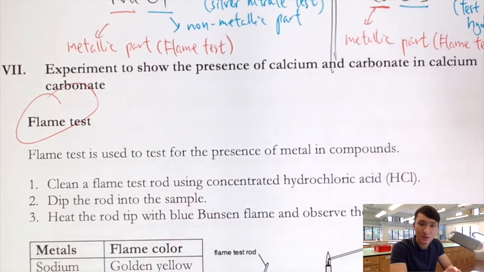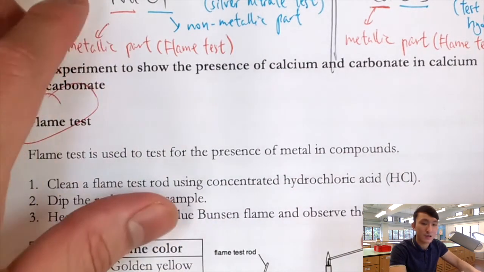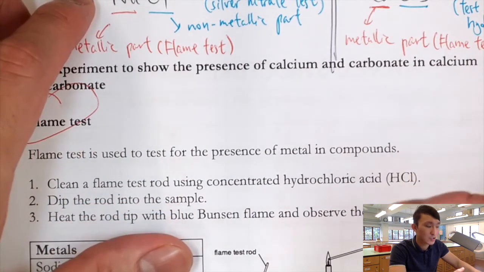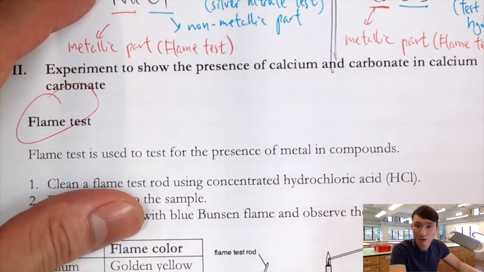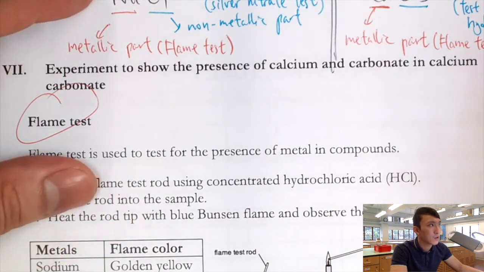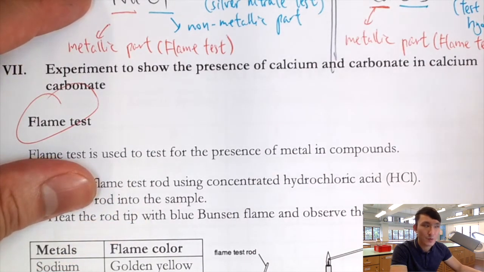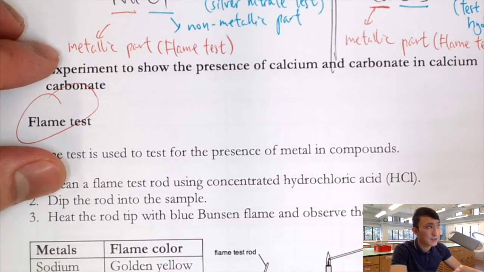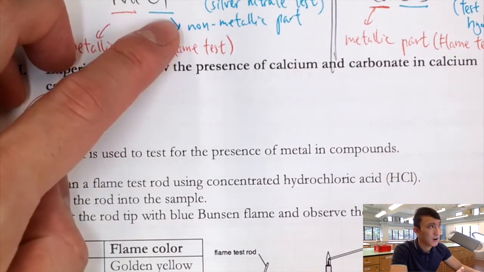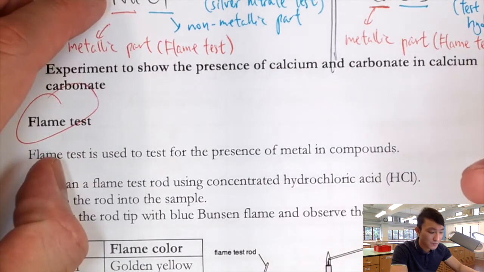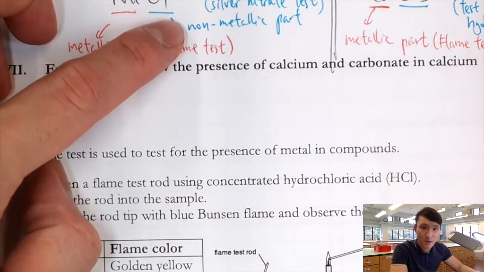Now, actually, we did something similar in the first term, where we thought about a chemical test to prove that sodium chloride is actually sodium chloride. Okay, and you know sodium chloride, NaCl, we can classify it into two parts. We can have a metallic part and a non-metallic part. So sodium is the metallic part, chloride is the non-metallic part.